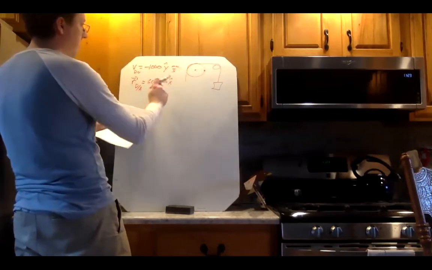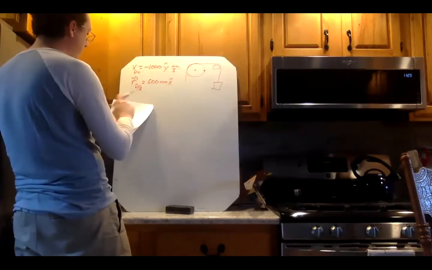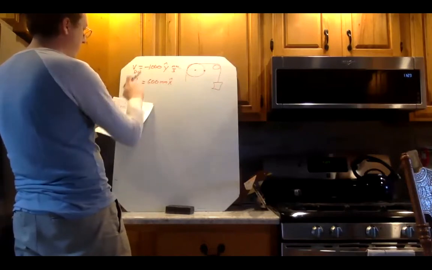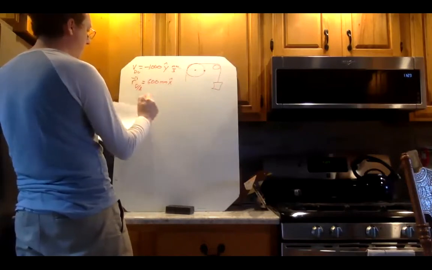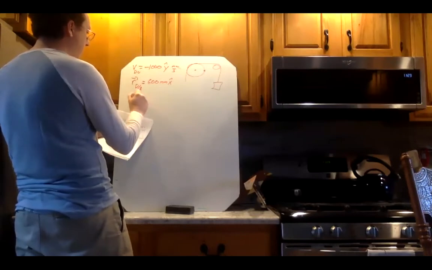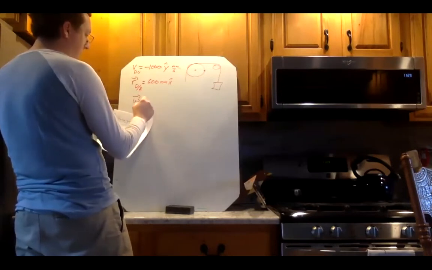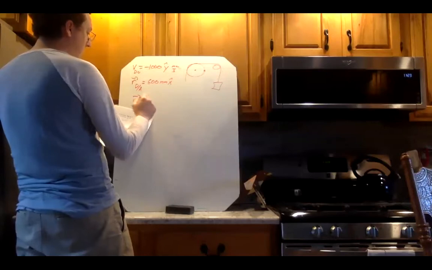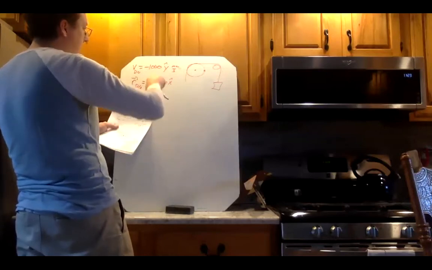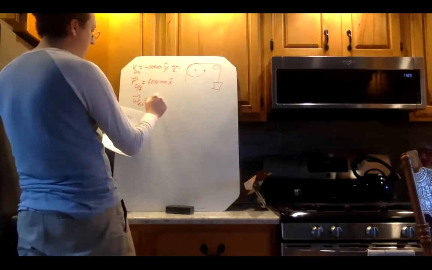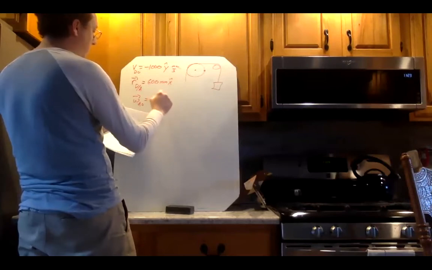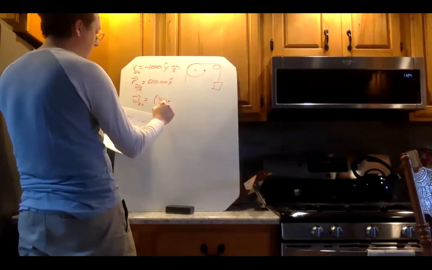Okay. So I have these two vectors, and then the omega vector for A initially. Well, I know the speed of A, so the magnitude is going to be V tan A divided by 600.